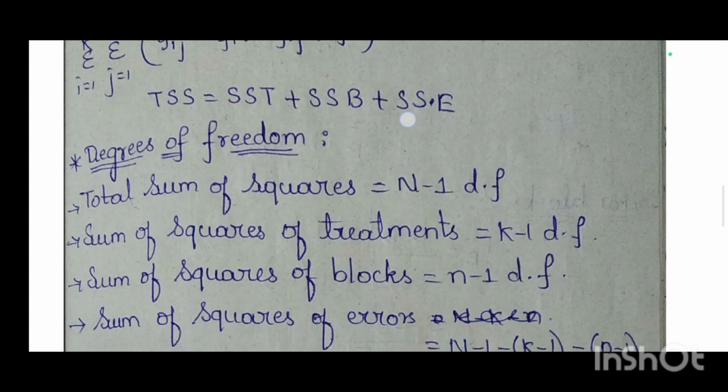So you can write the degrees of freedom also. The total sum of squares has n minus 1 degrees of freedom, the sum of squares of treatments has k minus 1 degrees of freedom.